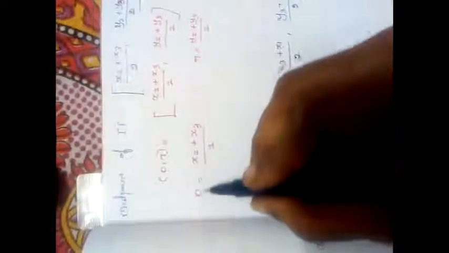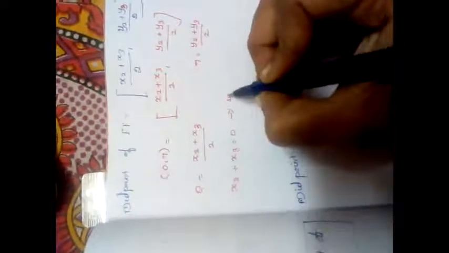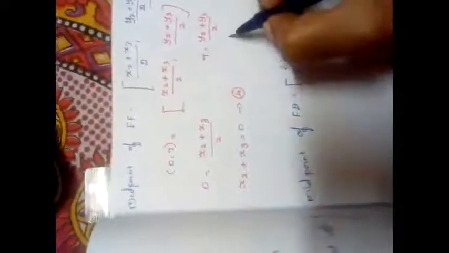Okay? 0 into 2 is 0. So the equation is x2 plus x3 is equal to 0. This is the fourth equation. And y2 plus y3 is equal to 7 twos are 14. This is the fifth equation. Okay?